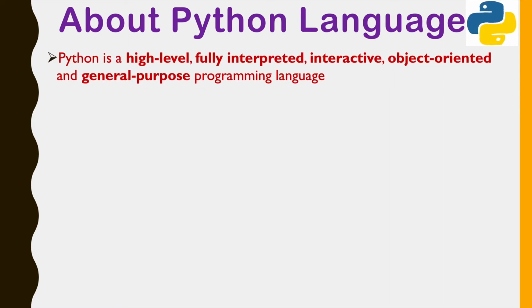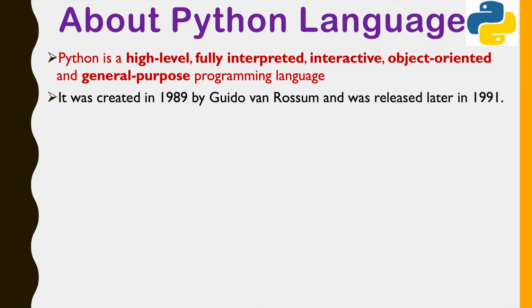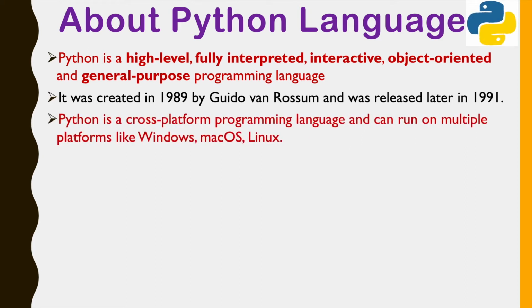So Python is a high-level, fully interpreted, interactive, object-oriented and general-purpose programming language. It was created in 1989 by Guido van Rossum and was released later in 1991. Python is a cross-platform programming language and can run on multiple platforms like Windows, Mac OS, and Linux.